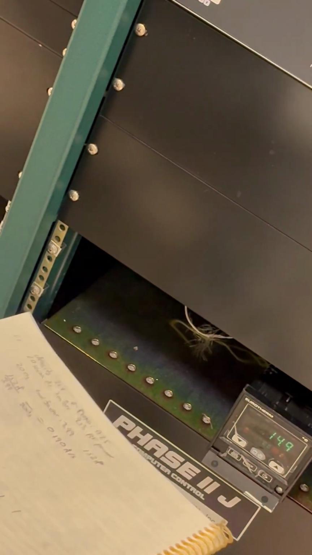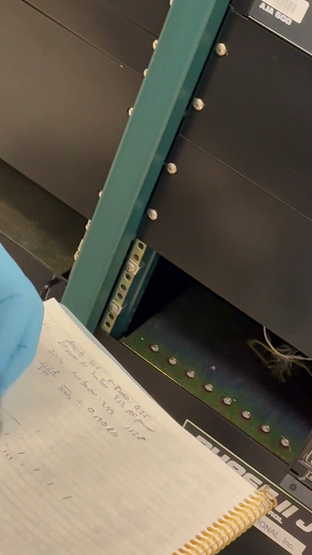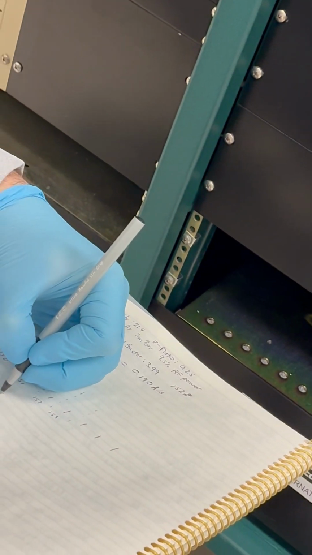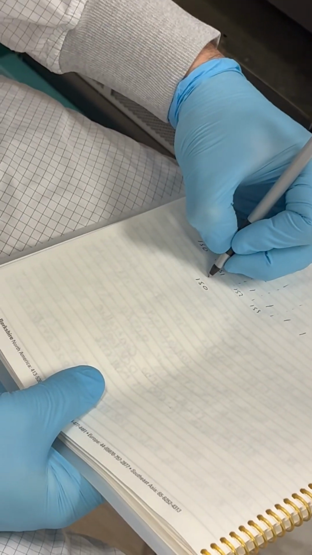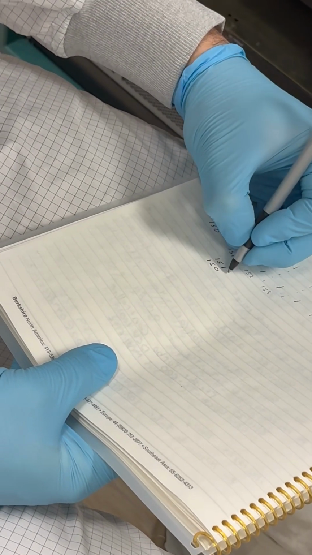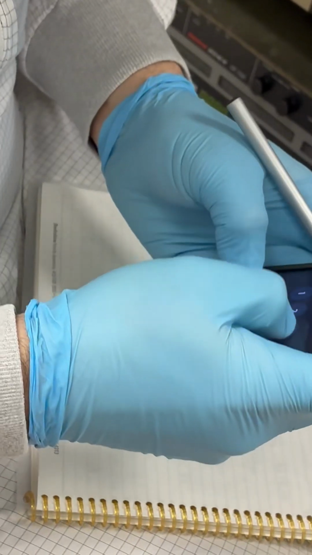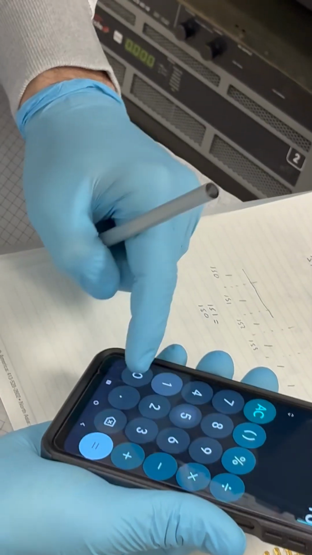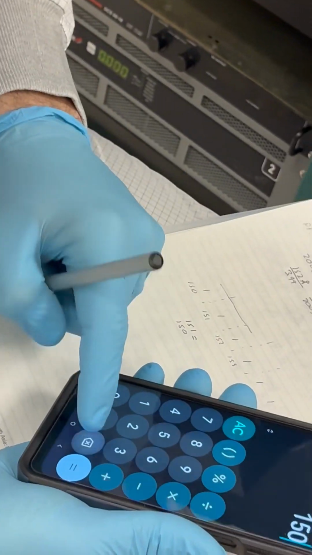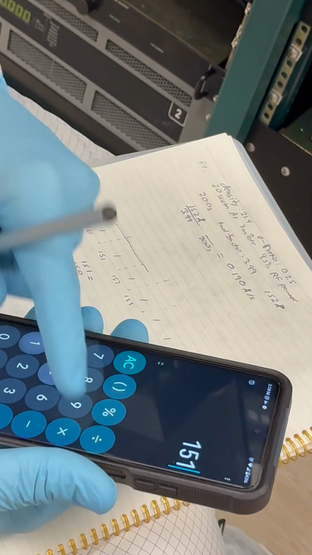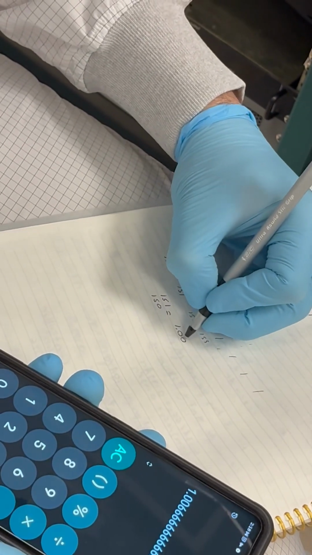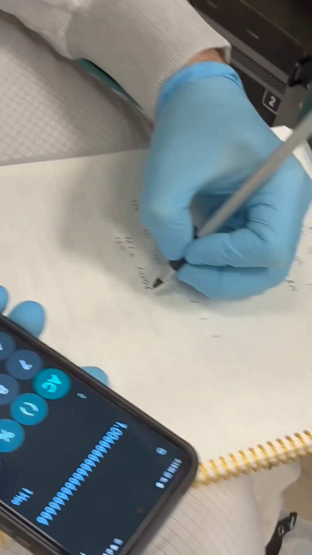And so what I'm doing is I'm giving it the accuracy up to 151. Because 150 over 151, right?